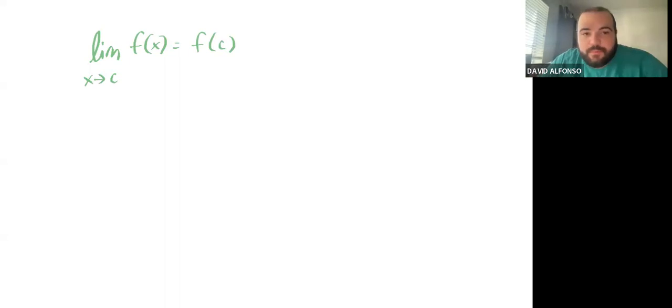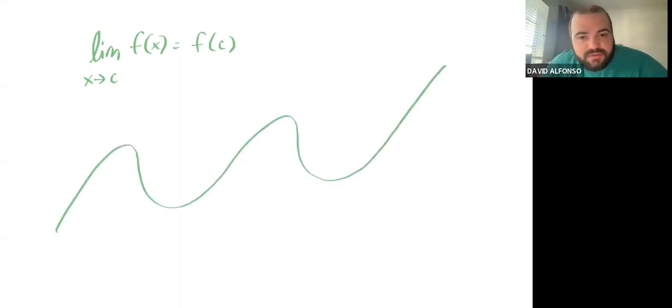Because for example, polynomials, which have a very smooth and continuous graph, there's no problem there, right? Basic things like rational functions where there's not a vertical asymptote, those work. Radicals in their domain, other basic functions like that, don't have problems.